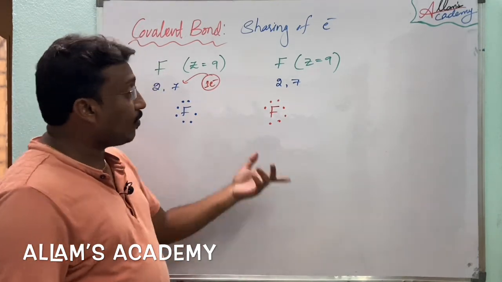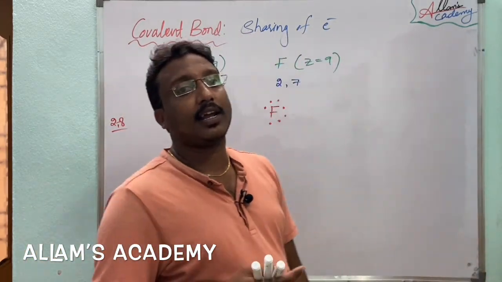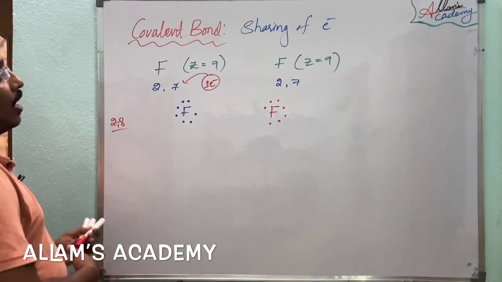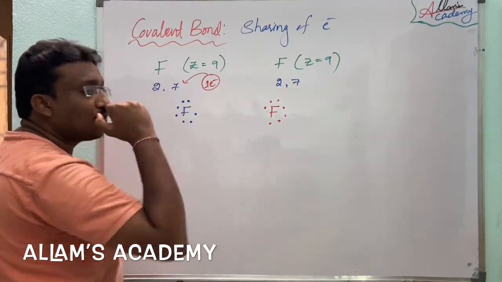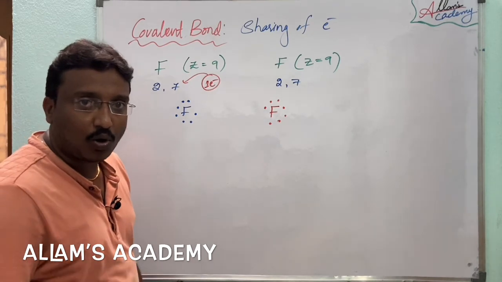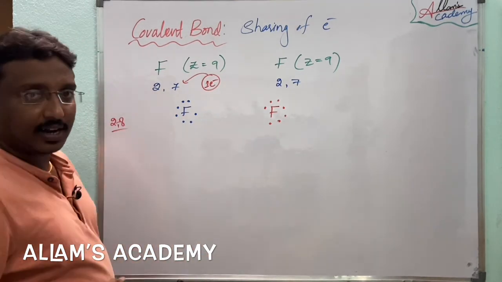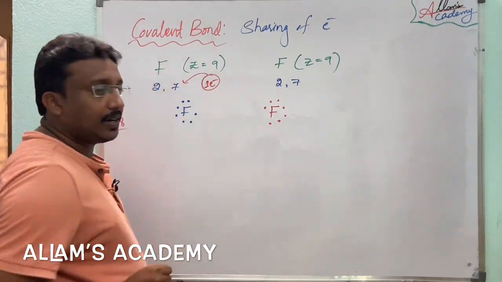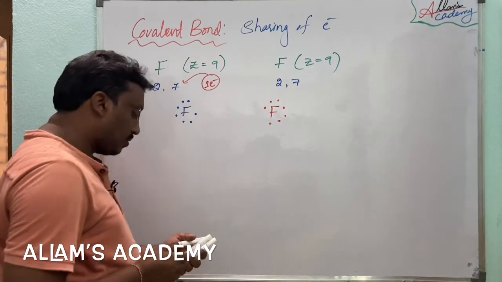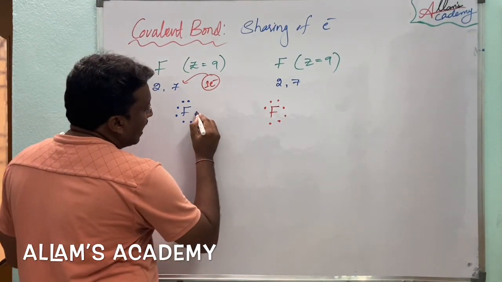So both fluorines require 1 electron to get a stable electronic configuration. But no other atoms are ready to give an electron to these fluorine atoms. In such a case, these two can share their electrons.